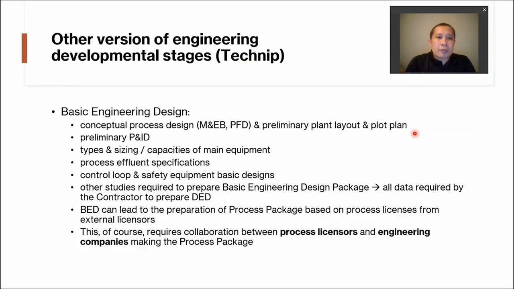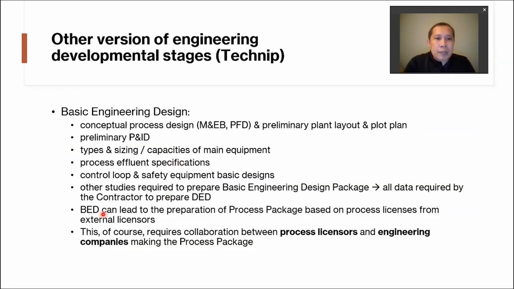In Technip's terms, a basic engineering design includes conceptual process design. This is what you do in your rancangan pabrik. Preliminary PNID, types and sizing or capacity of main equipment, and so on and so forth. Process effluent specification, basic design of control loop, also required in your rancangan pabrik, right?